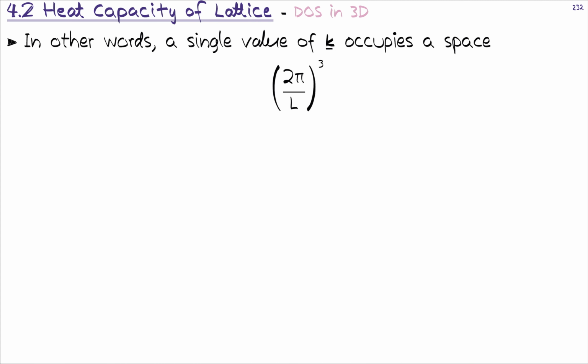And now what we want to do is describe the density of states. So we must somehow see how the total number of states n changes as a function of omega. So that's what we are proceeding with next. We want to find a relation between the number of states n and the frequency.